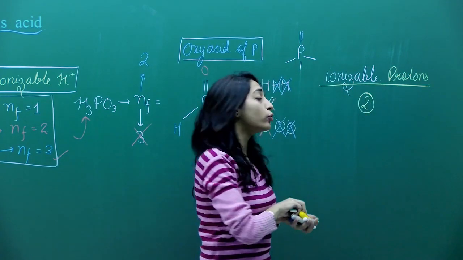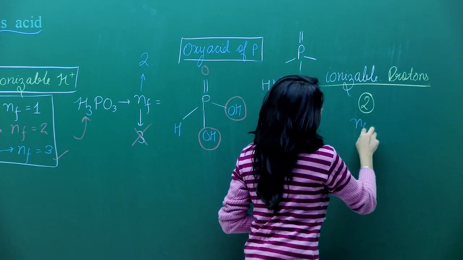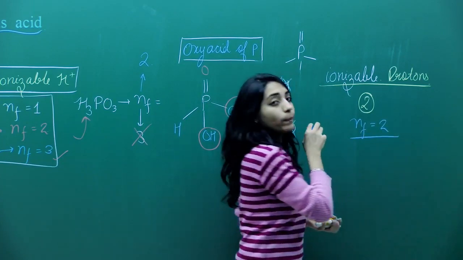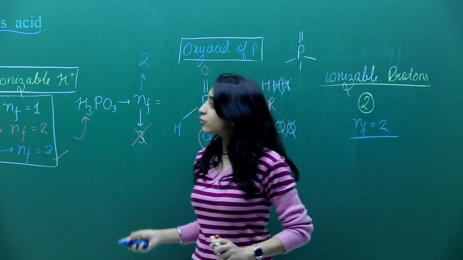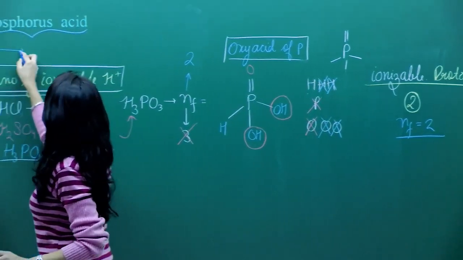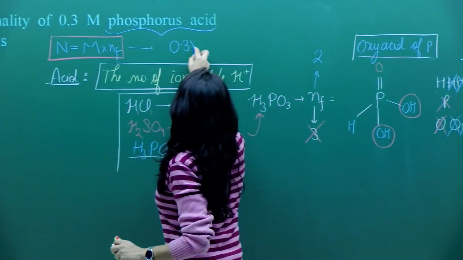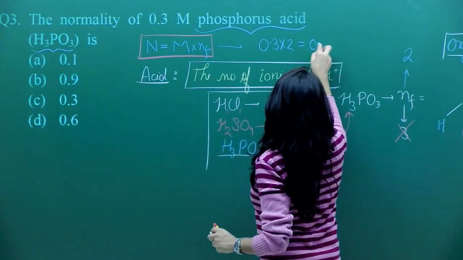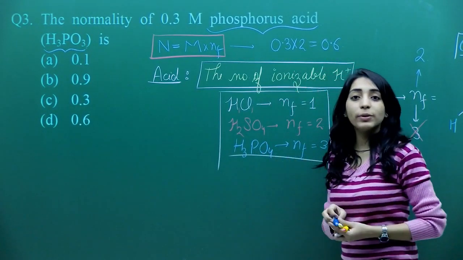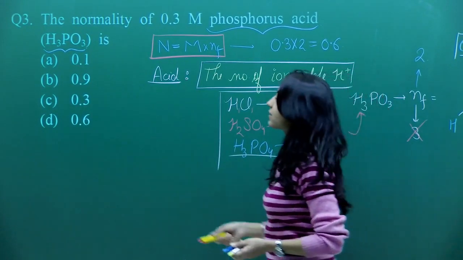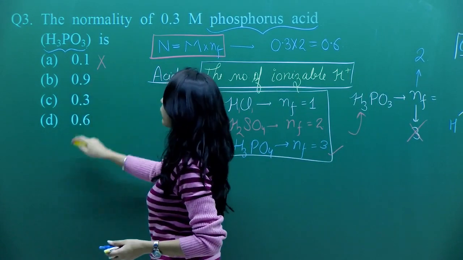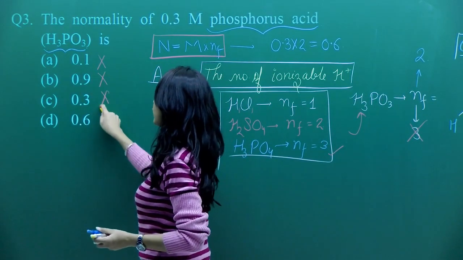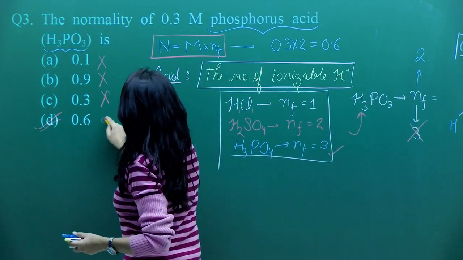And when it is 2, our n factor will also be 2. If the n factor is 2, put it here, 0.3 into 2. So the answer will be 0.6. 0.1, no. 0.9, no. 0.3, no. 0.6, awesome.